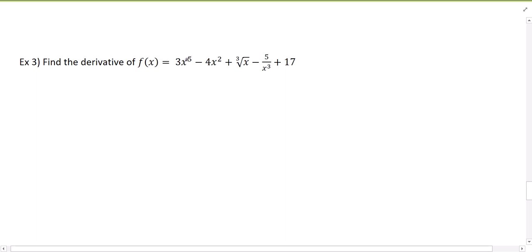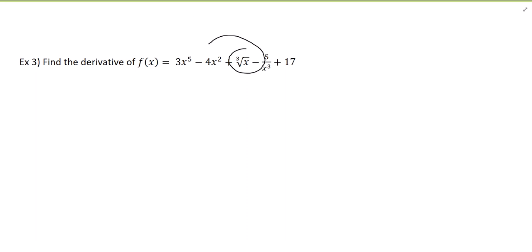Well, I know that I'm going to use the general power rule on most of them, but some look a little funky, so I want to be able to rewrite the ones that look a little funky. So these two look a little funky. My pen went a little crazy there.